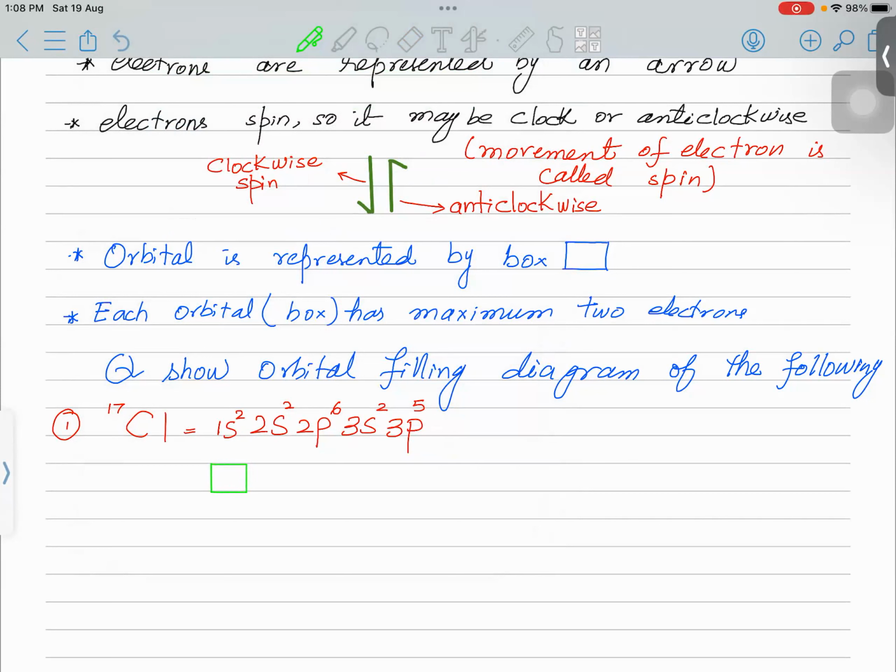Now, this is 1s2. This is 2s2. This is 2p.